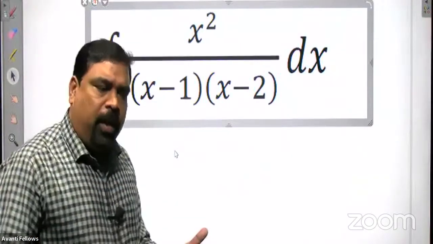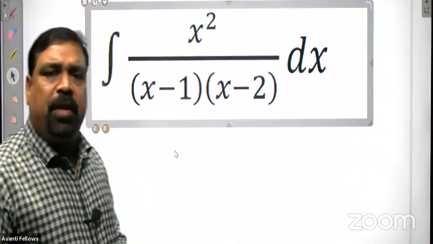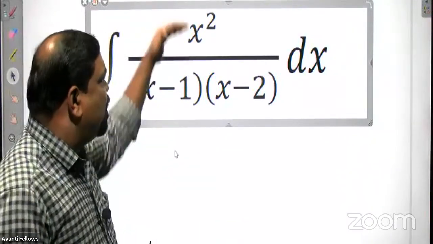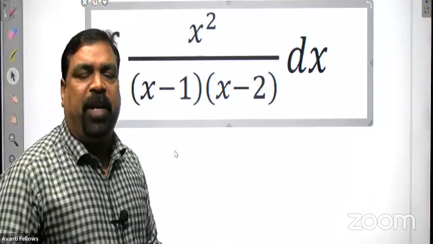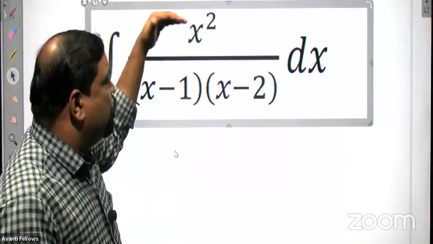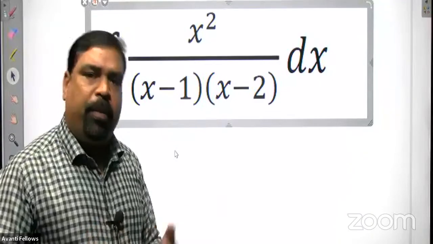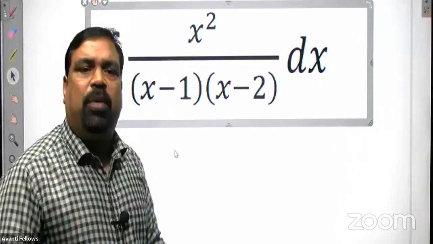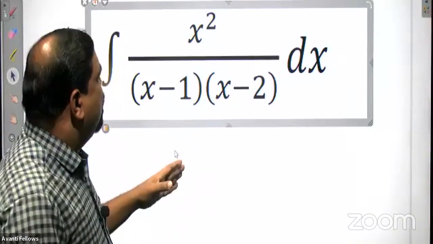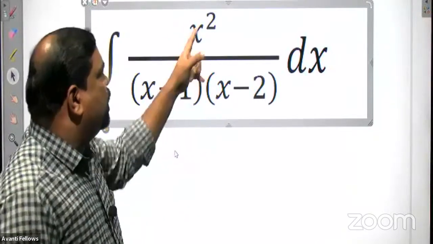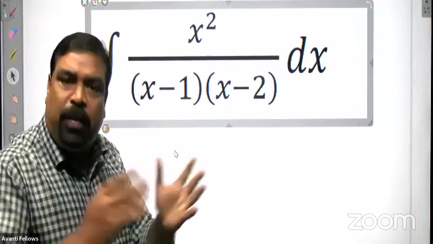When can we apply partial fraction? When the given rational function is a proper fraction. Proper fraction means the degree of the numerator must be less than the degree of the denominator. Then only we can go for the partial fraction. Remember, here the degree is the same. Numerator and denominator both are of second degree, so we cannot go directly for partial fraction.